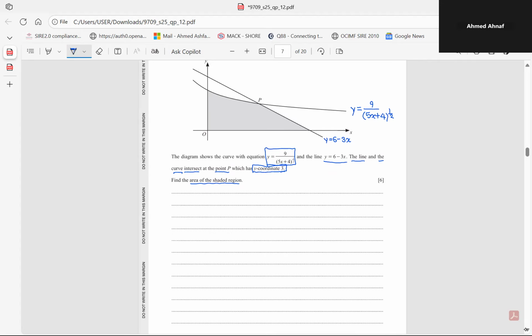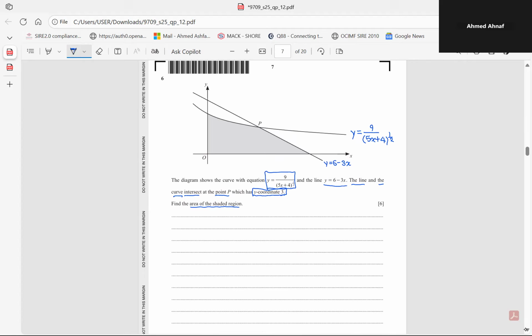Okay, so first of all, let's examine the shaded region and see whether we can split it up into simpler shapes.